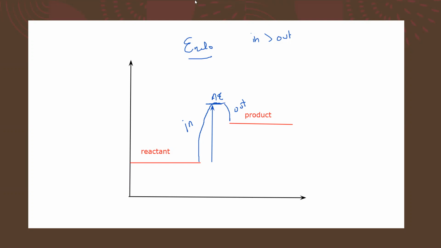And what is the term enthalpy change? The term enthalpy change means the difference in energy of the reactant and product. When we take out this difference in energy between the reactant and product, we call that enthalpy change. If the energy of the reactant is denoted by H1 and the energy of the product is H2, it will be H2 minus H1.